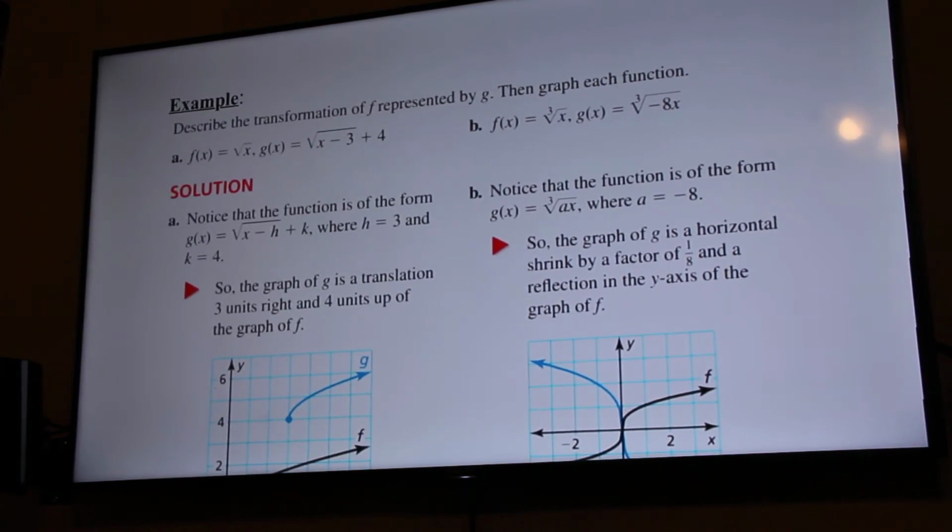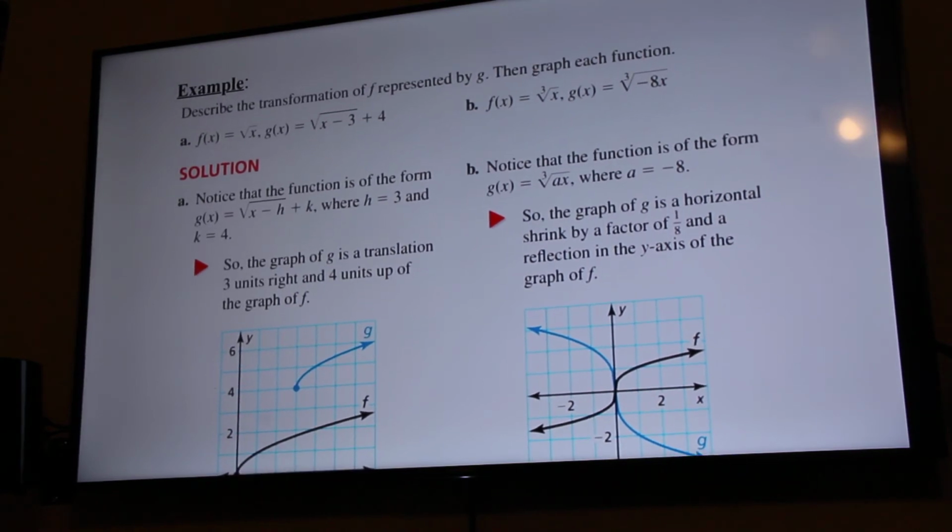So, for example, describe the transformation of f described by g, then graph each function. In the solution here, notice that the function is of the form g of x is square root of x minus h plus k. Now, how do we know where it moves?